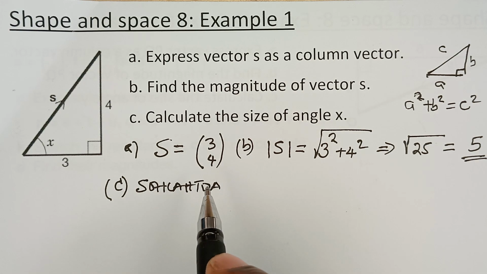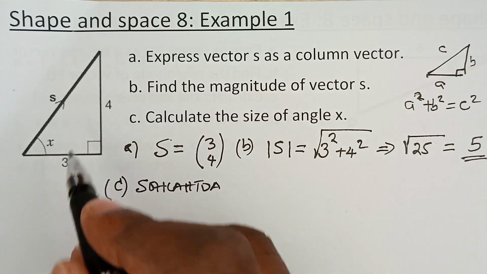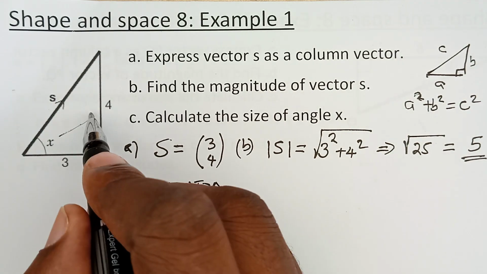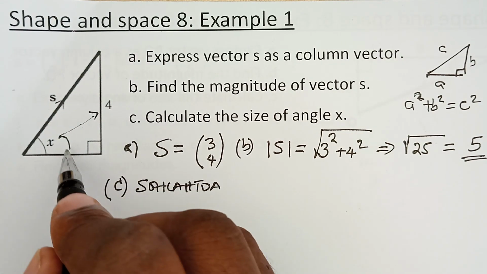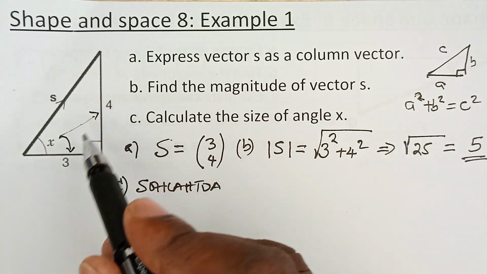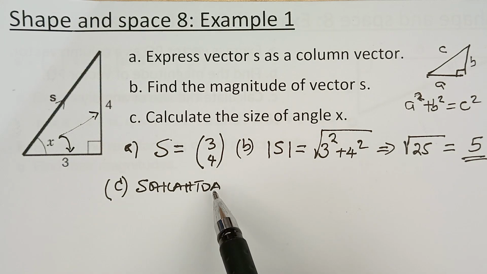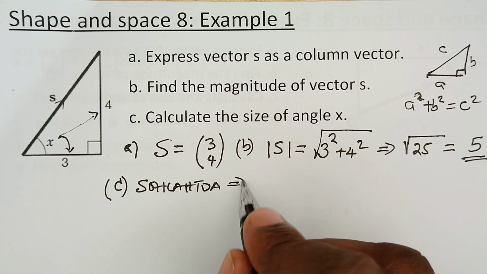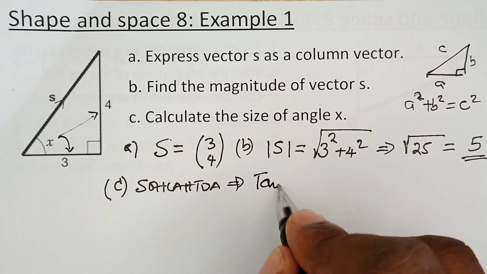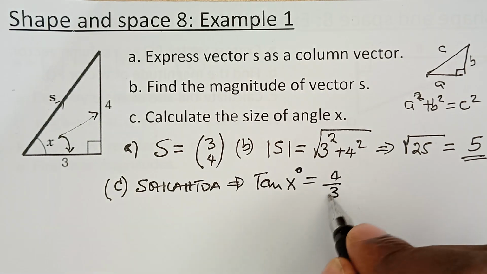Now, according to our original triangle, this becomes the opposite side of that angle, and this becomes the adjacent side of that angle. We have the opposite and we have the adjacent. So we can easily now use the tangent of angle X degrees is 4 out of 3.